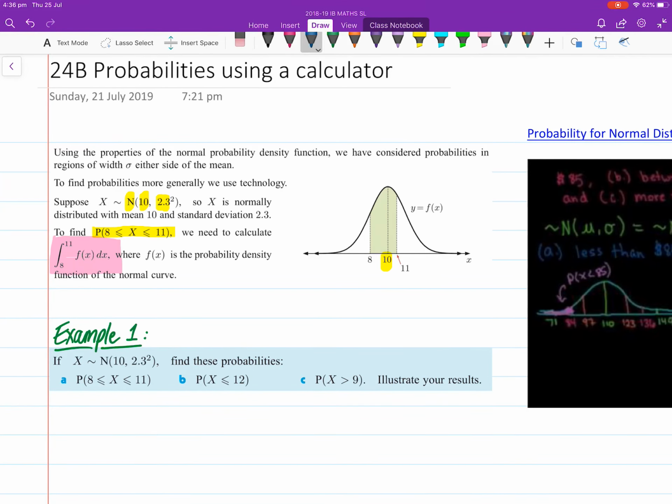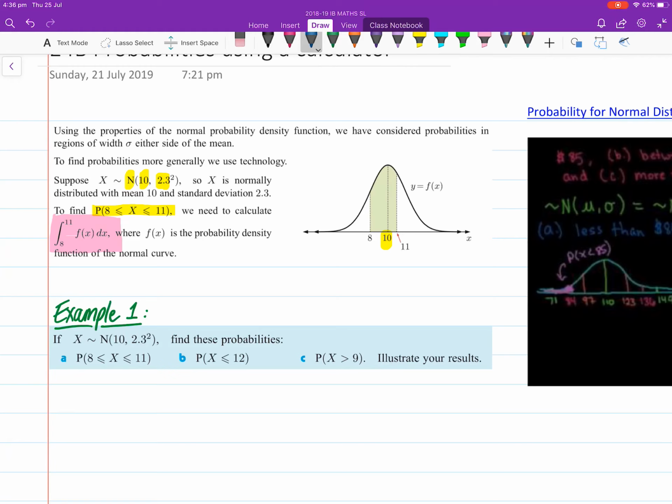So in this example, if we want to work out the probability of x occurring between 8 and 11, where the normal distribution has a mean of 10 and a standard deviation of 2.3, you basically just type it into the calculator.